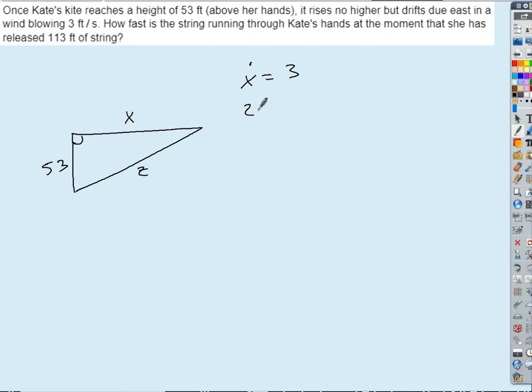Z. Because that's the amount of string that's out, and then you want to know how fast the string is running through your hand, so what's that? Z dot. There you go. That's just the Pythagorean theorem. So you guys take it from there. Thank you.